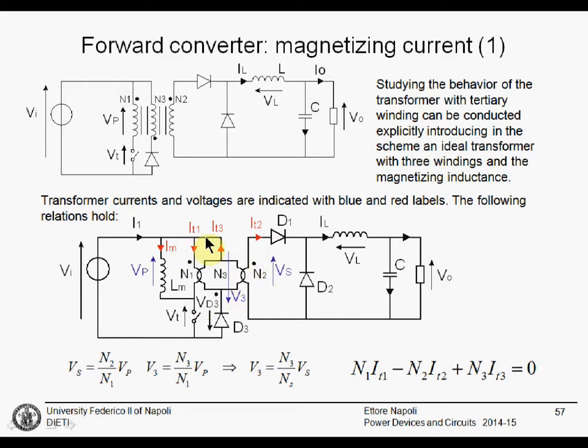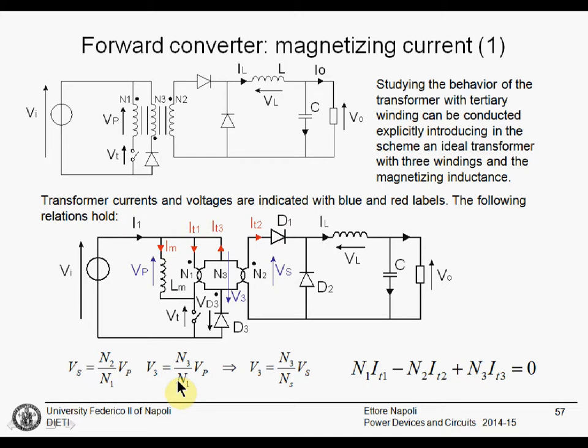For this transformer, given these conventions for the currents, IT1 is entering from the dot, IT3 is entering from the dot, and IT2 is exiting from the dot, we can derive the following relations. For the voltages, the secondary voltage is proportional to N2 divided by N1. The tertiary winding voltage is proportional to N3 divided by N1.